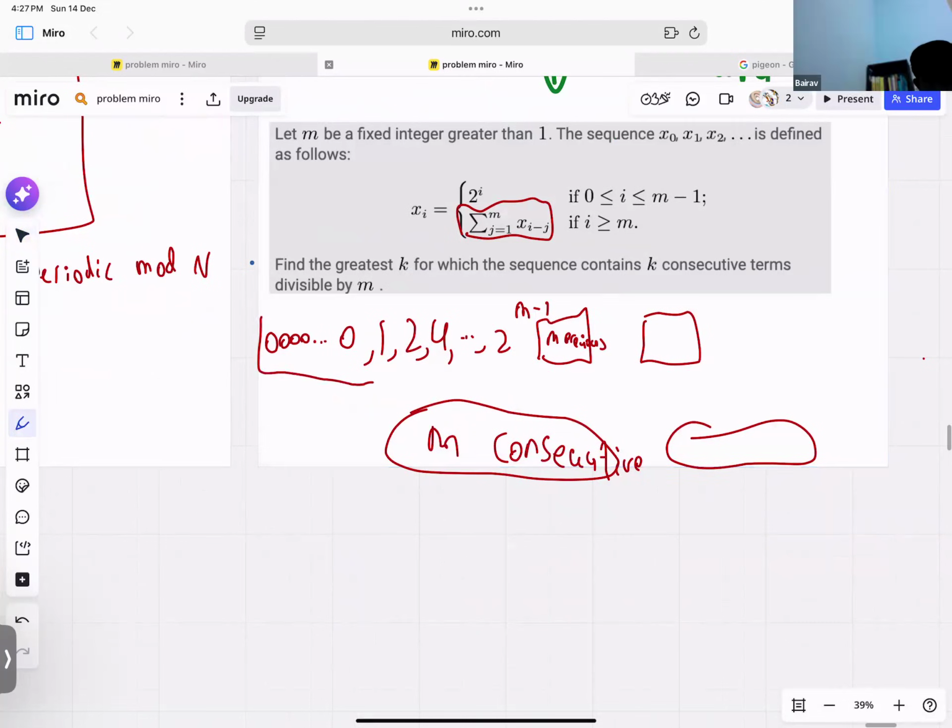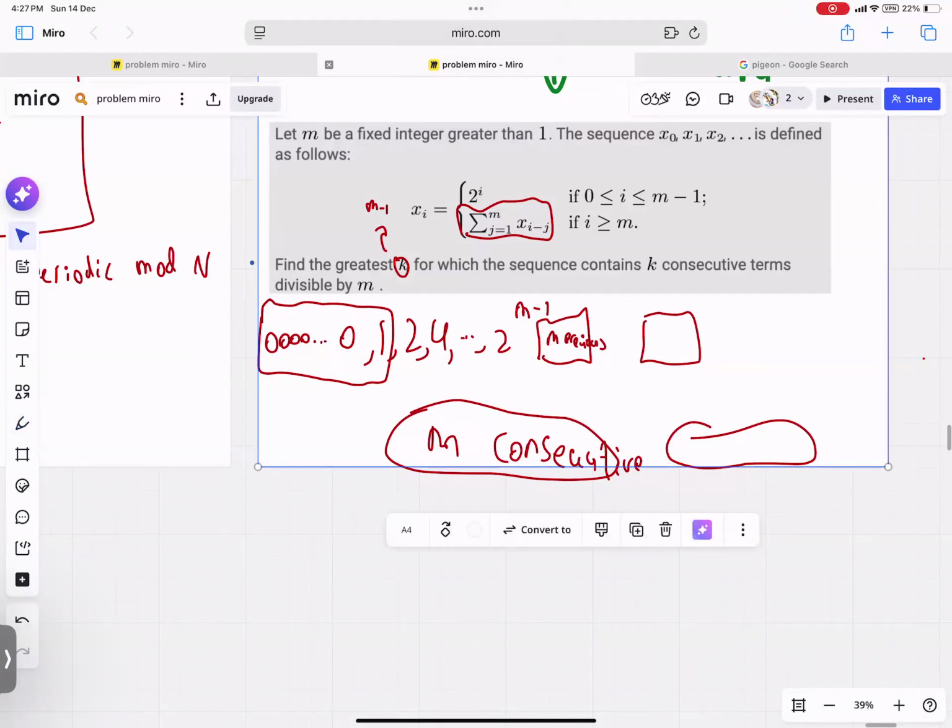Actually, shouldn't it be something like m minus 2 zeros, then a 1, then all this? Yeah, there should be a 1 before this now, because then we'll have 1 plus 1 is 2, 2 plus 2 is 4, and so on.